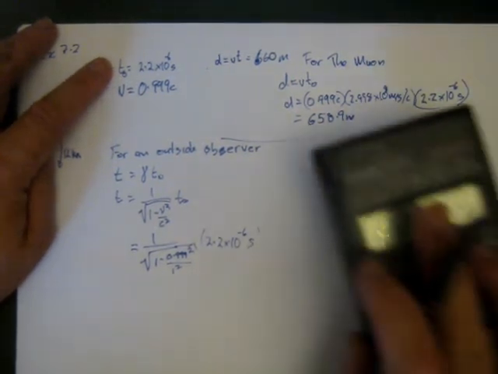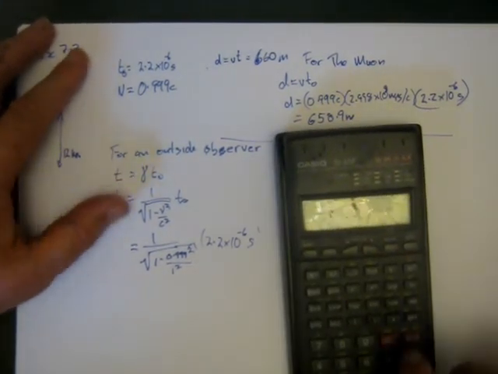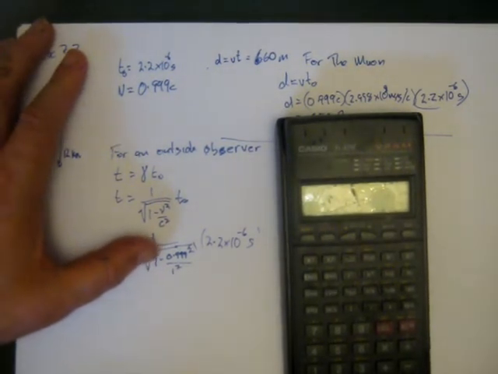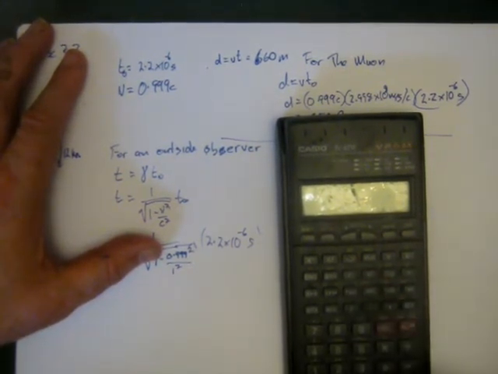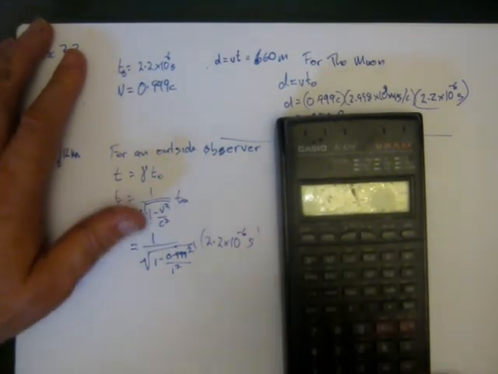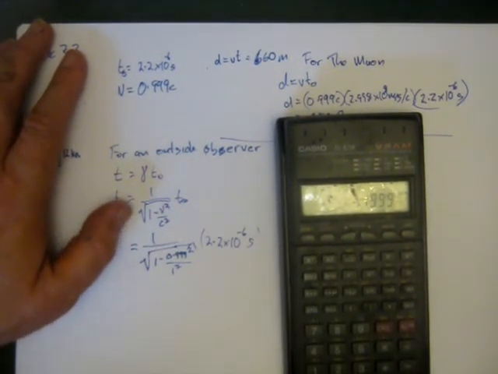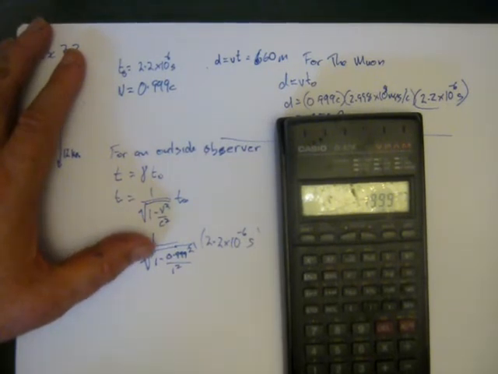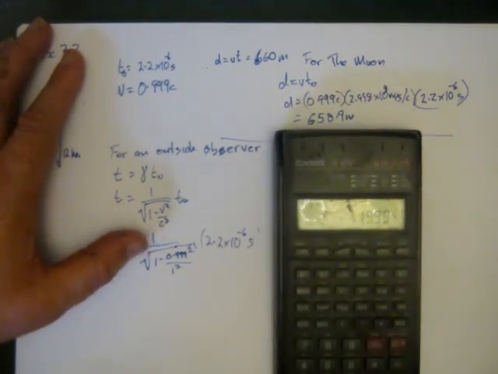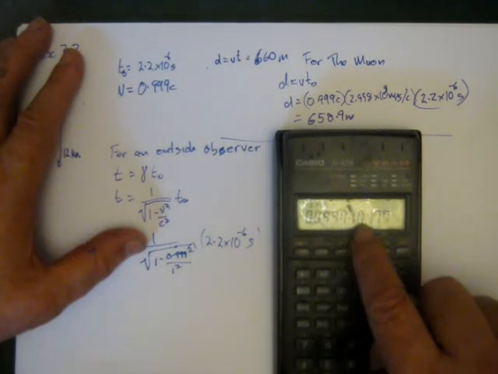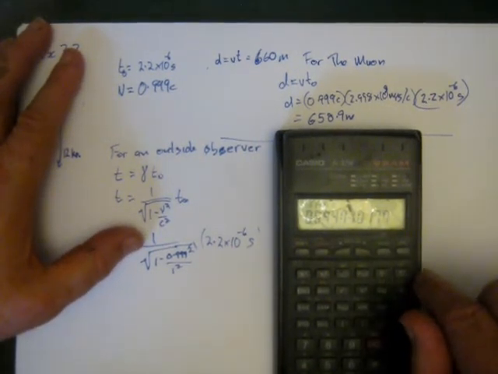And at this point, this is what we invented calculators for. So we go 1 minus 0.999 squared. Then we take the square root of that answer, which equals 0.0447, and then we take the inverse of that.